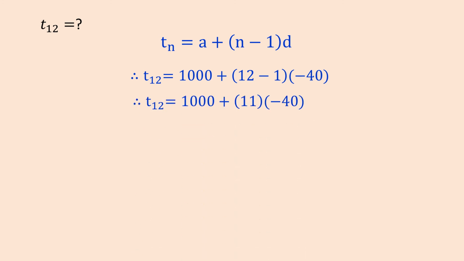When I further simplify, T12 will equal 1000 plus 11 into minus 40, because 12 minus 1 gives you 11. Going further, 1000 plus 11 into minus 40 will give you 1000 minus 440. So when I further simplify, T12 equals 560.